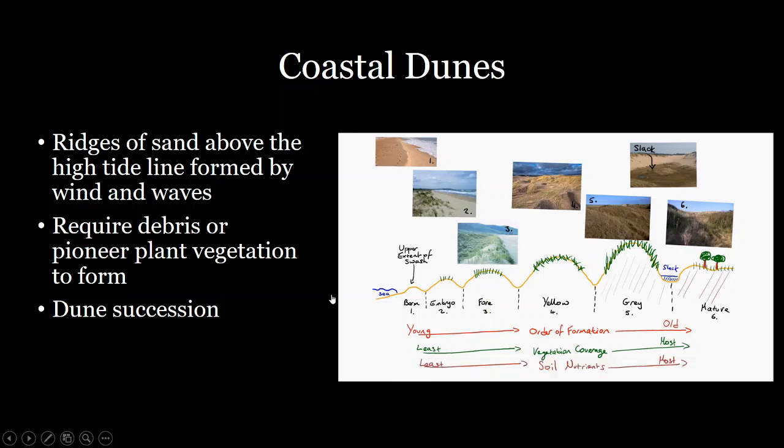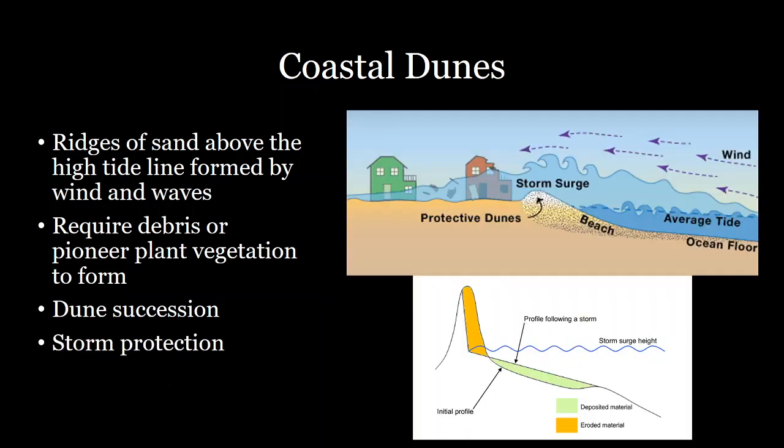And so dunes are definitely important structures in coastal ecosystems and coastal communities. You can see here, and you probably know yourself, that dunes are important for storm protection.